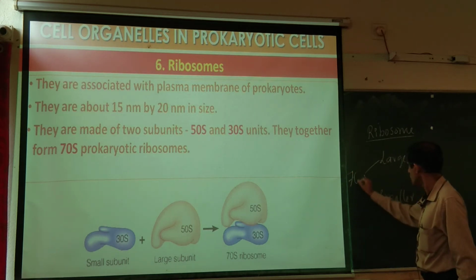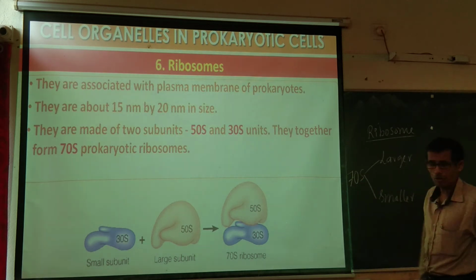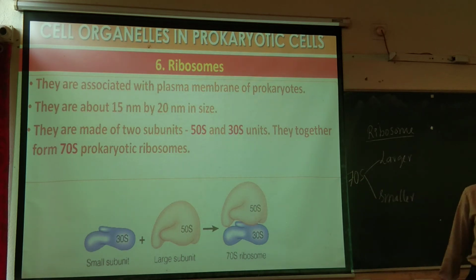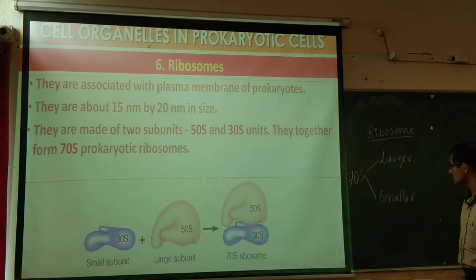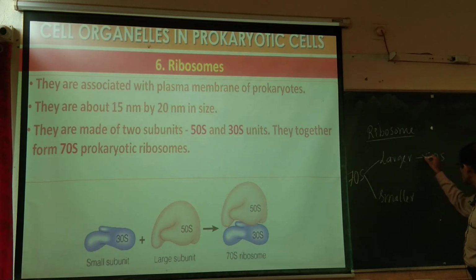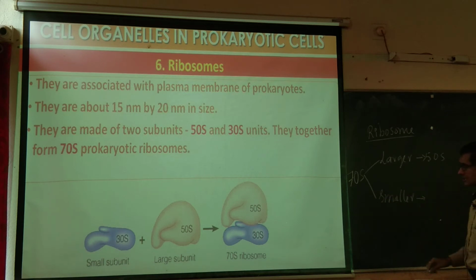In the case of our prokaryotic cell, the ribosome is of type 70S. That 70S ribosome is divided into a larger 50S unit and a smaller 30S unit.